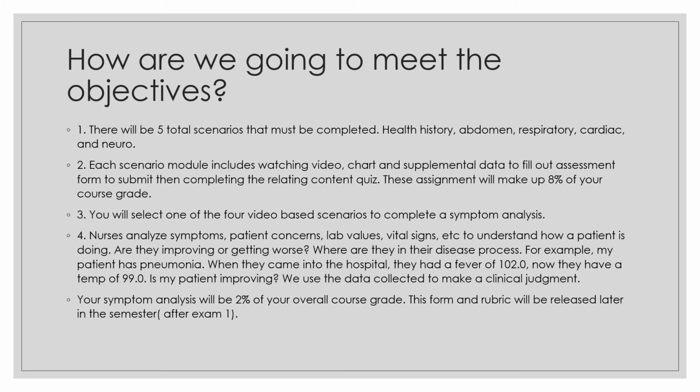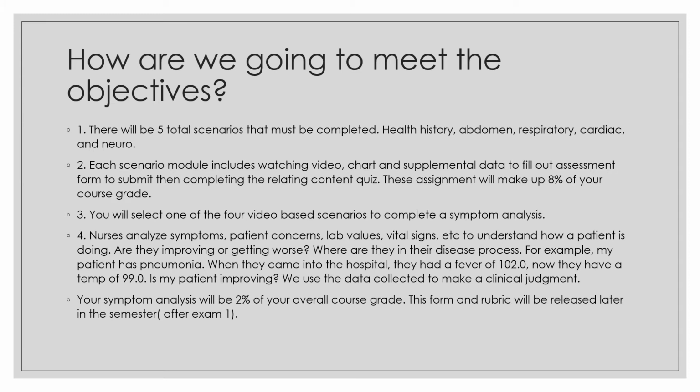Then you'll take this information to fill out your assessment form, which I provided some screenshots of following. Then you're going to submit this into the case scenario assignment, and complete the content-related quiz for that week. These assignments make up 8% of your overall course grade. That is how important they are.